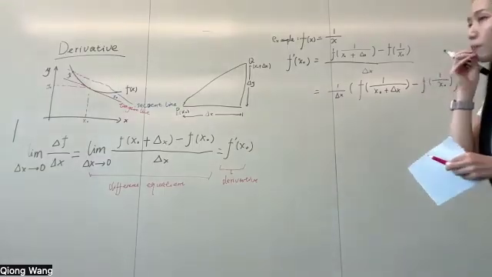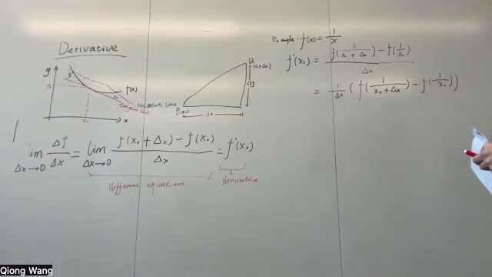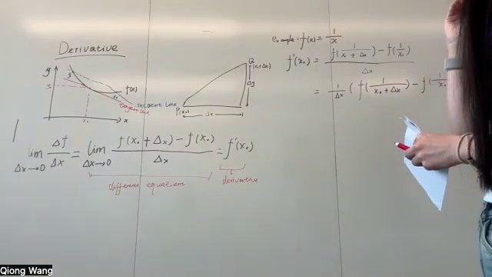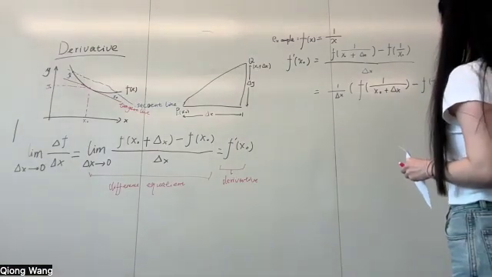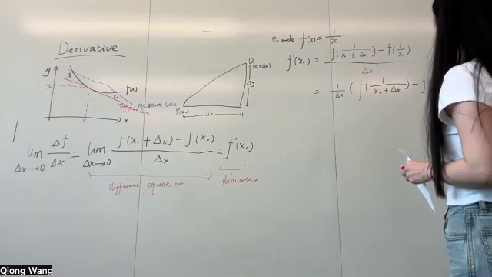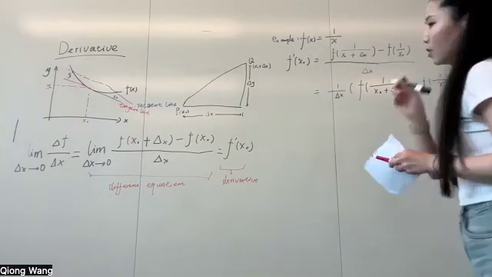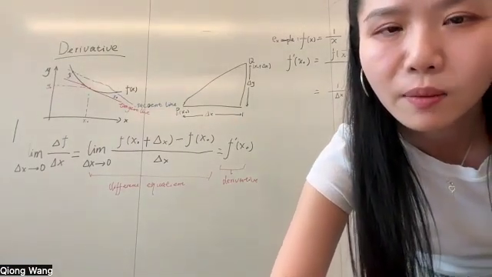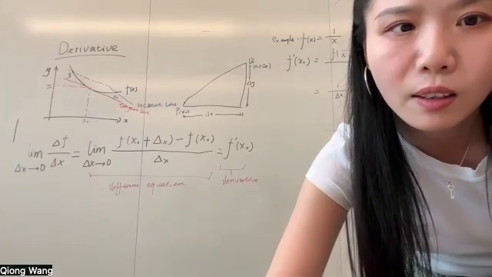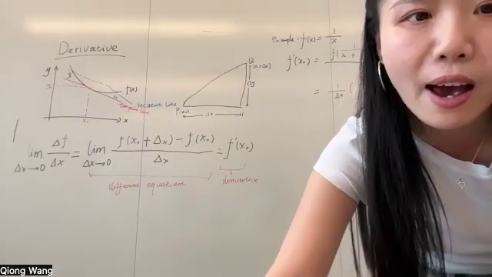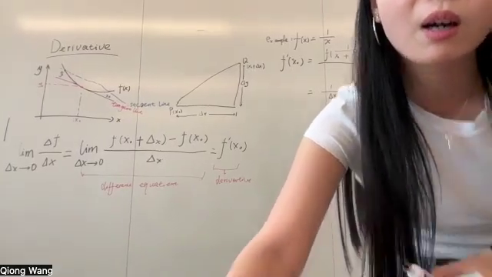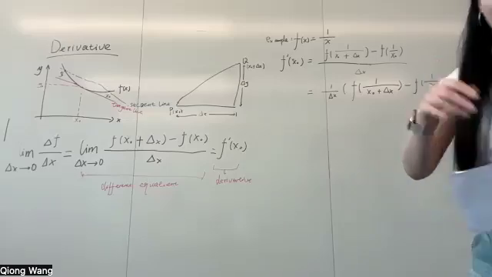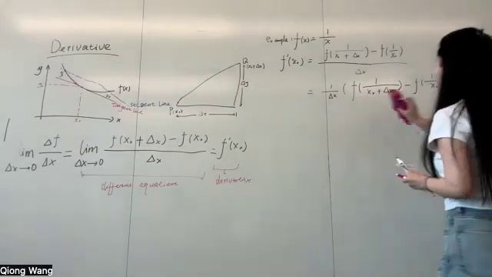I think the numerator should be f of x0 plus delta x minus f of x0. Let me check. Oh, you're right. I should remove the f, right? Okay, let us do it again.